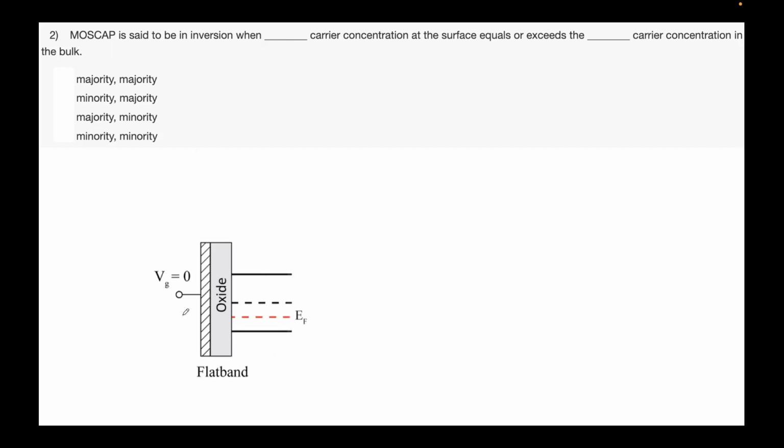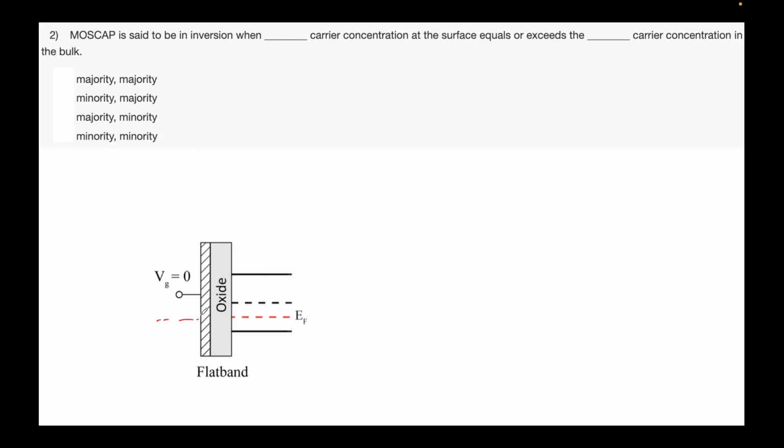And now let's formally define some things before we move further into some problems. A MOSCAP is said to be in inversion when dash carrier concentration at the surface equals or exceeds the dash carrier concentration in the bulk. So we have to compare the carrier concentration at the surface with the bulk. Again, this is a flat band diagram that we see.